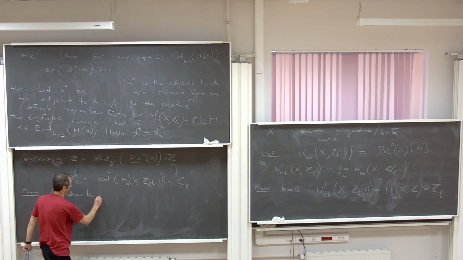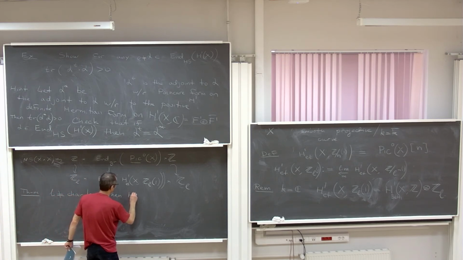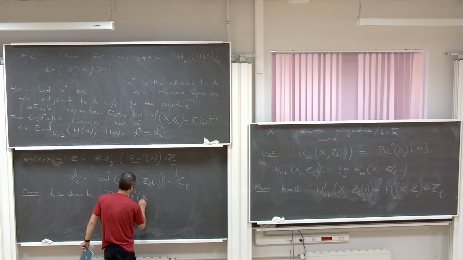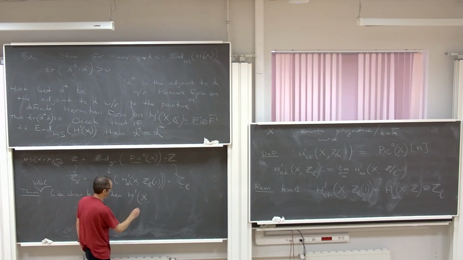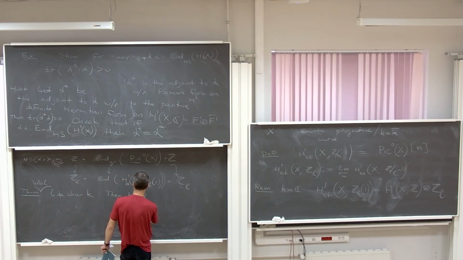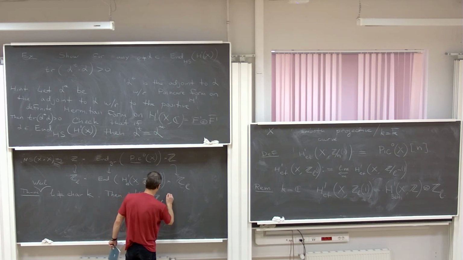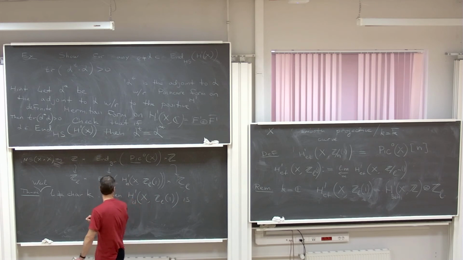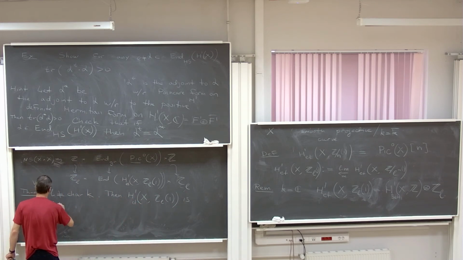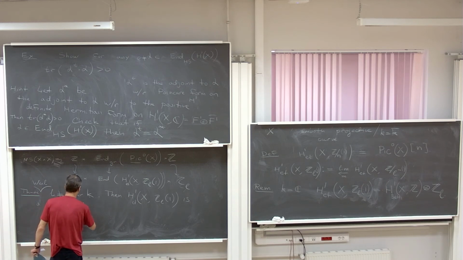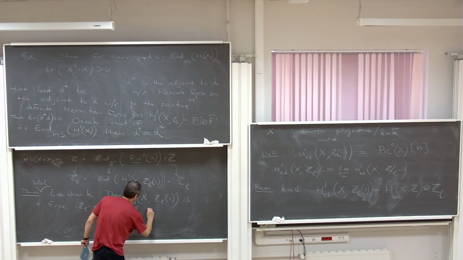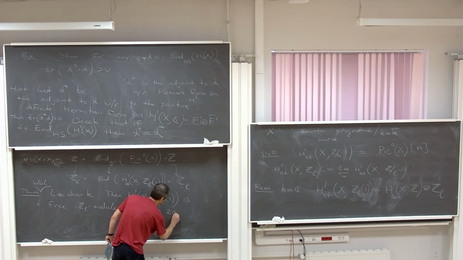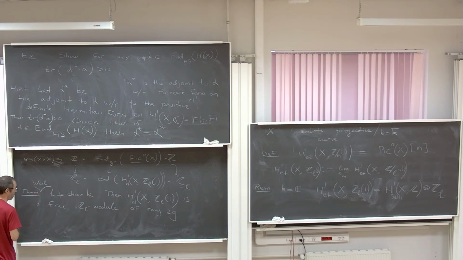Then H1 of X, this is a theorem also of Weil, H1 étale with coefficients in ZL(1) is a free ZL module of rank 2g. g is usually the genus. And the following is true.